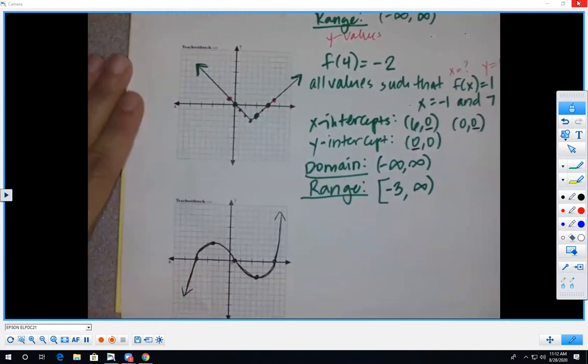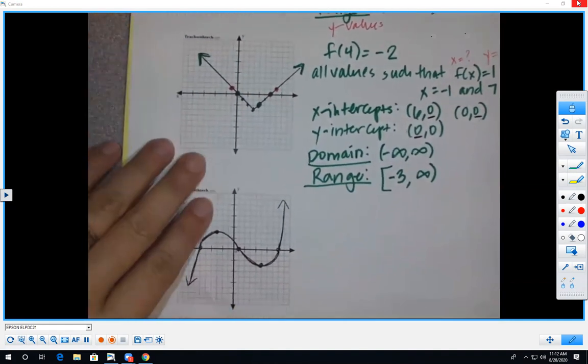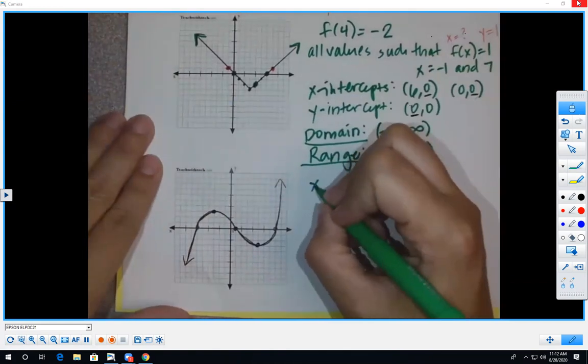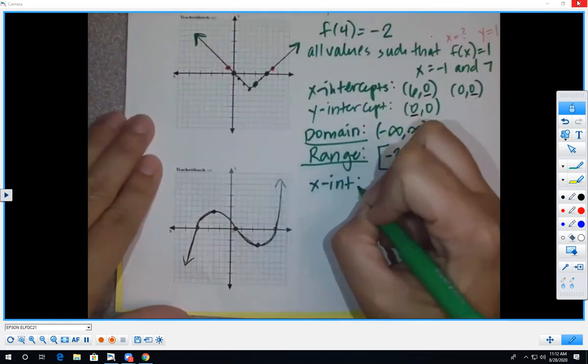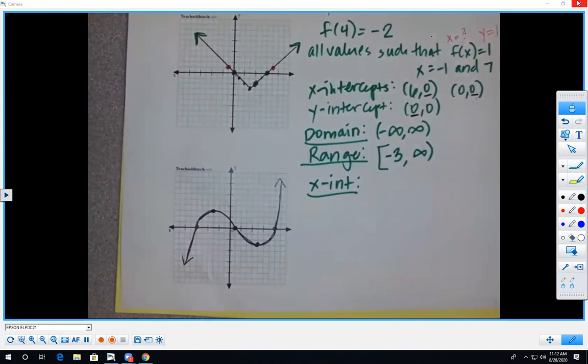Okay, let's look at the third graph. Let's write the x-intercepts for the third graph. Take a second and you write them on your own.